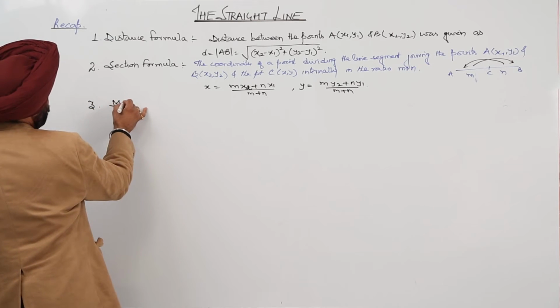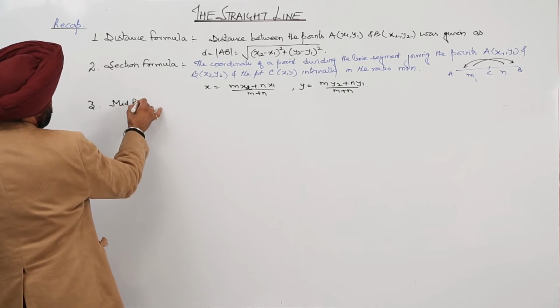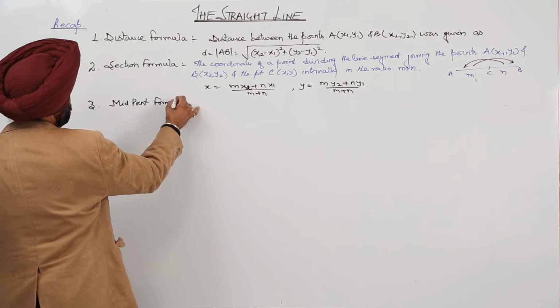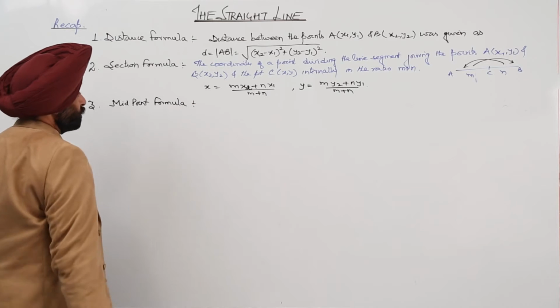Then number 3 was the midpoint formula, just based on the section formula.